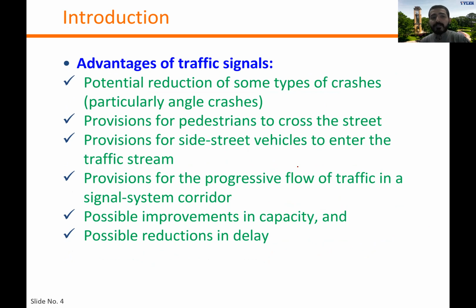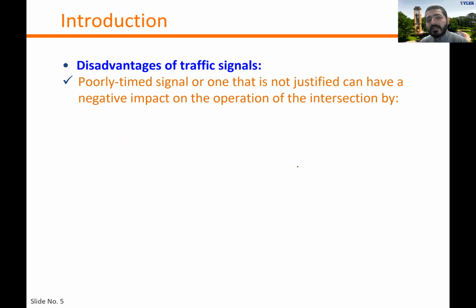We also went through the advantages and disadvantages. I'm not going to go through them again, because I've discussed them in the recorded lecture. But if the traffic signal is designed well, we will reap the advantages of having a traffic signal.